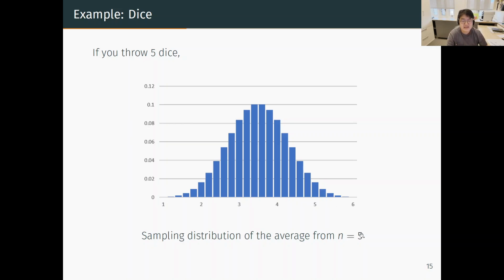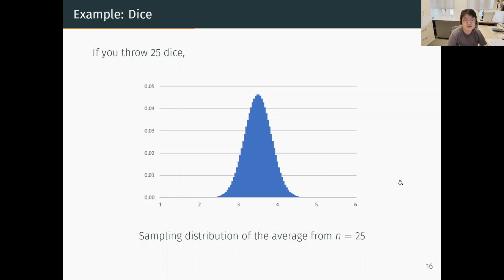And increase it even more, 25 dice. Then it looks like this, more finely divided. And what's interesting is that there is actually positive probability near 1 and 6. Still, it is possible that you have all 6 or all 1. That is possible, but of course very, very unlikely.